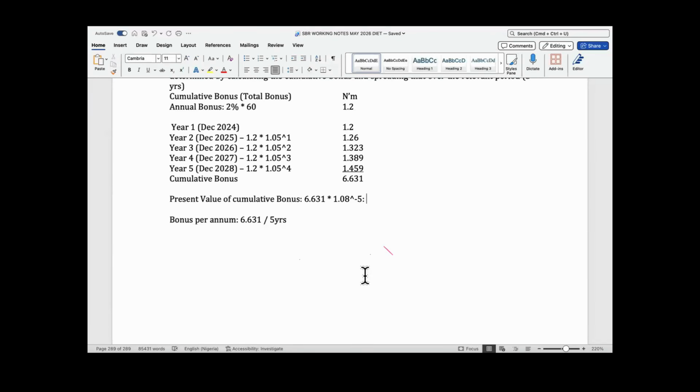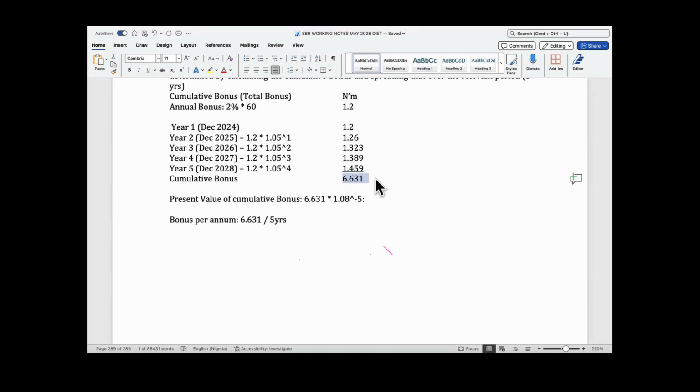No, it doesn't come as a figure. For me to know when I'm using annuity: if I want the present value of equal annual payments or annual inflows, I use the annuity formula. But if I want the present value of a future amount, I'm going to be paying 6.631 at the end. It's not like I'm paying them every year. It's cumulative.